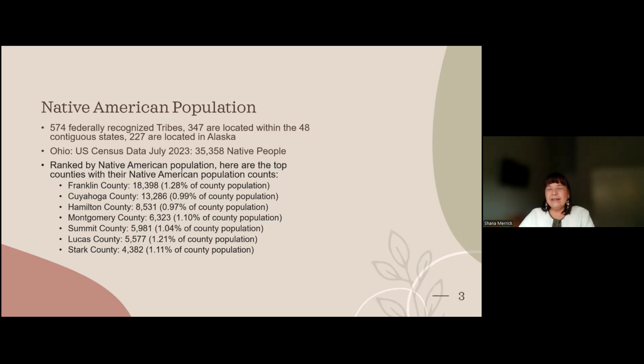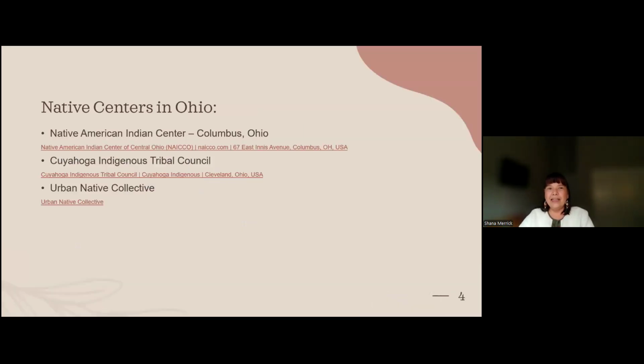So just to bring awareness to that, there are Native centers in Ohio. One is in Columbus, one is in Cuyahoga, and one is here in Cincinnati. I recently attended an event. I'm a member of the Urban Native Collective here in Cincinnati, and there was an event in Columbus.